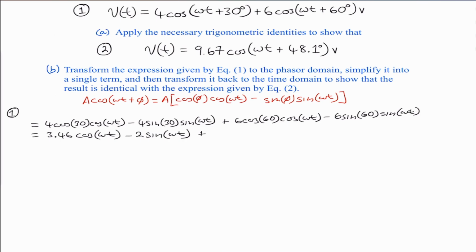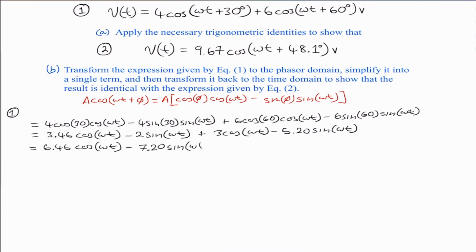We simplify, then group and add. We end up with 6.46 times cosine omega t minus 7.20 sine omega t.